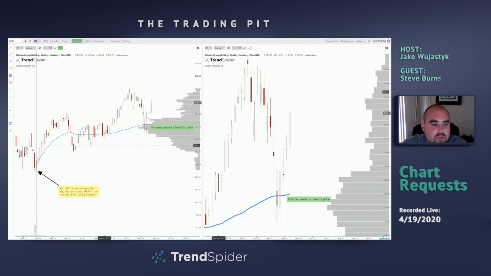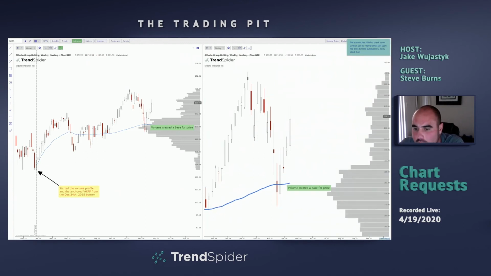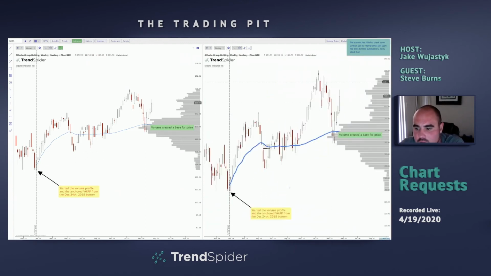But if you were using the anchored volume by price as well, notice how these lower volume bars were able to add some cushion to the price here. And this is where we ultimately bounced from, and now we've just had a huge rip to the upside. So going into BABA on the weekly side of things, that is what I'm using Trendspider for, the anchored volume by price and the anchored VWAP.